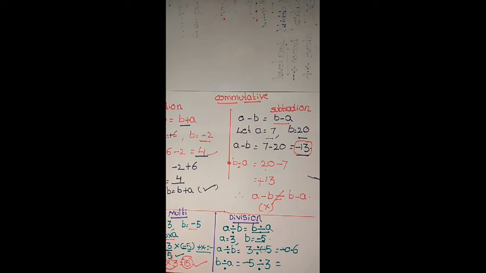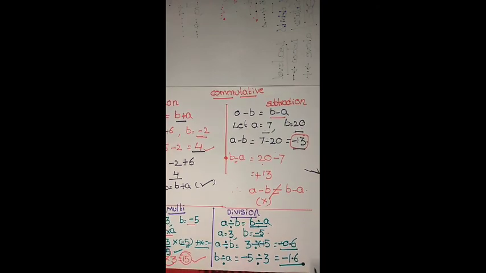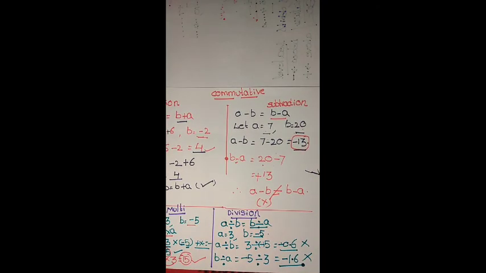And if you see the next one, that is B divided by A, it gives minus 1.6. If you observe, the values of A divided by B and B divided by A are not equal. So the commutative property for division is not satisfied.